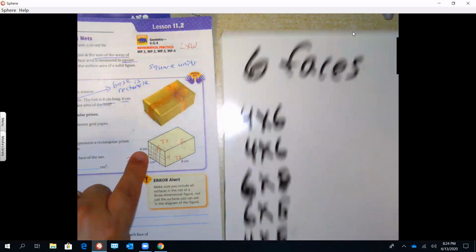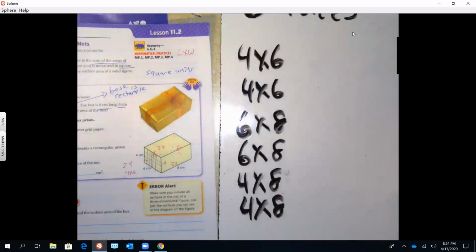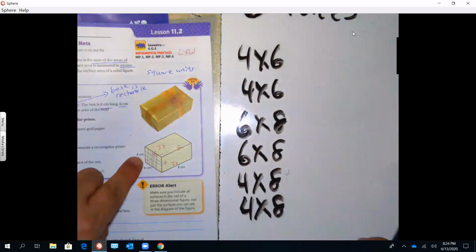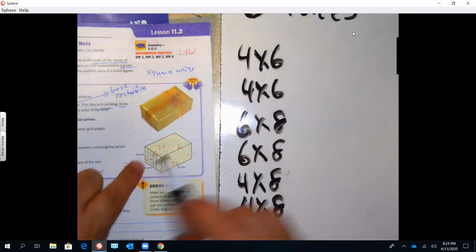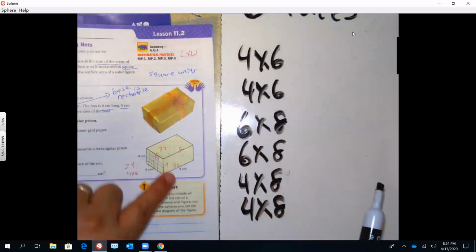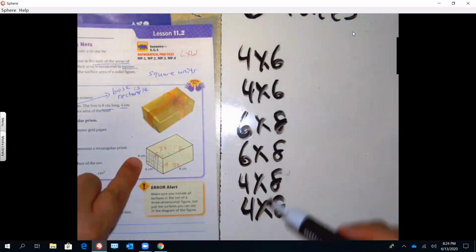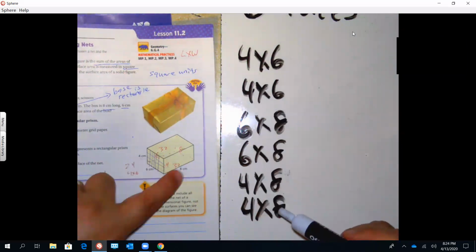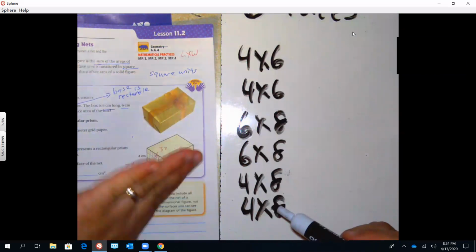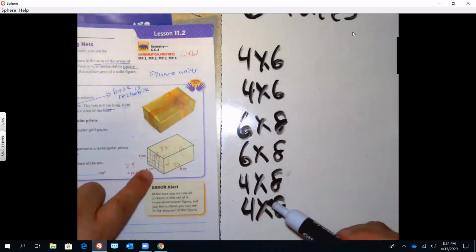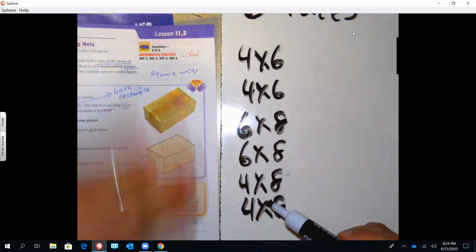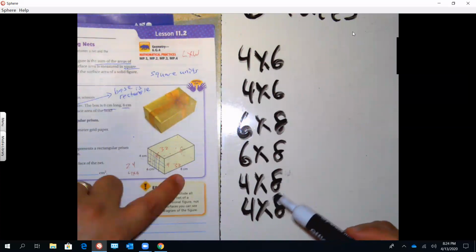You do that 2 times. So you got your 4 by 6, 2 times, there's two faces. And you got 8 by 4, which is the side. Do that twice. You got the 2 bases, the top and bottom, which are 6 by 8.